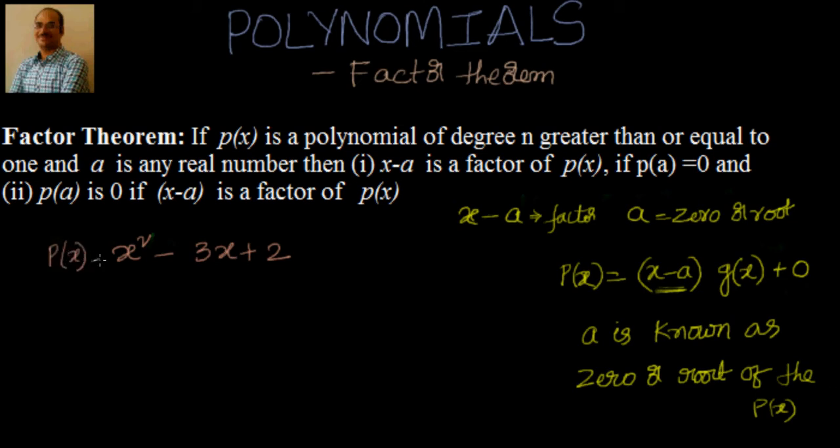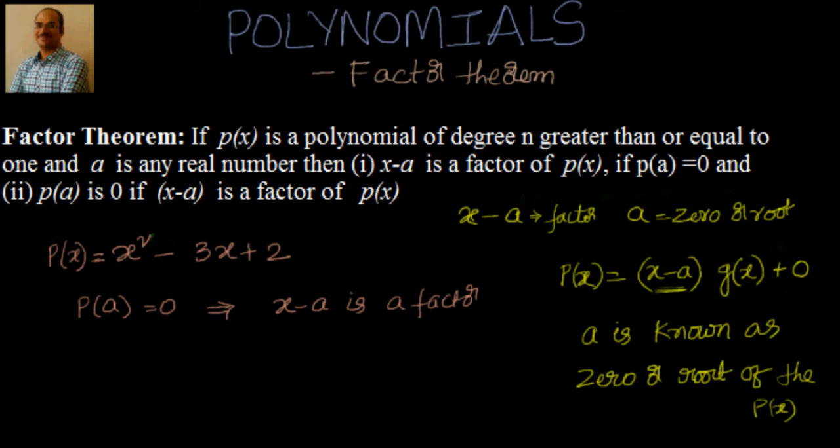We have to find the factors of this by using the factor theorem. Now our input here is, if p of a is equal to 0, that implies that x minus a is a factor, and a is also a root or zero of the polynomial.